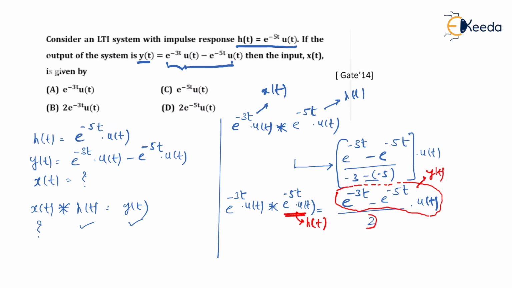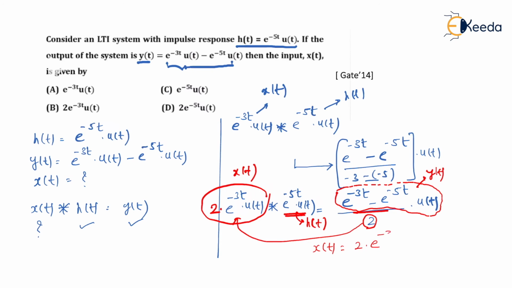If I am able to move this 2 over here, and if I just shift it over here, so 2 which is making division over here multiplies here, so this whole will become x of t. Is that right? So finally I can write my x of t equal to twice of e to the power minus 3t dot u of t.